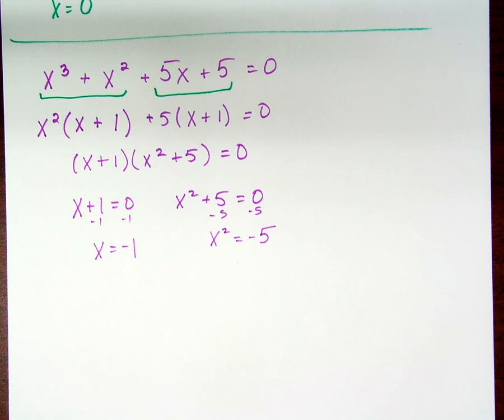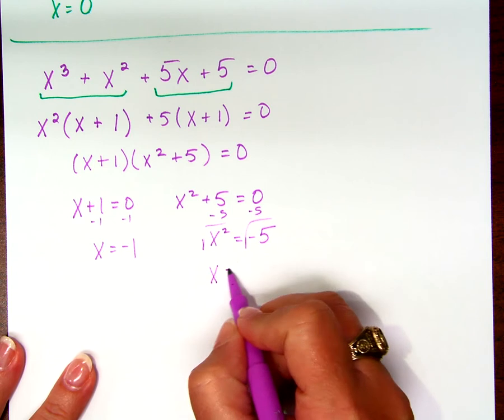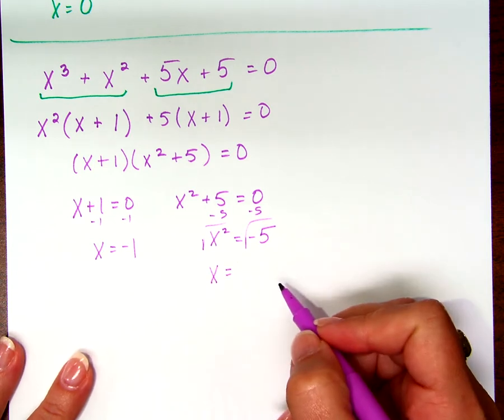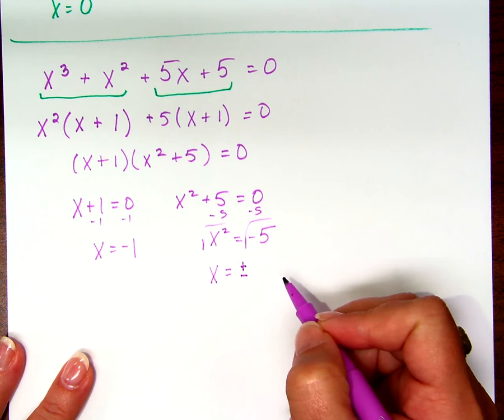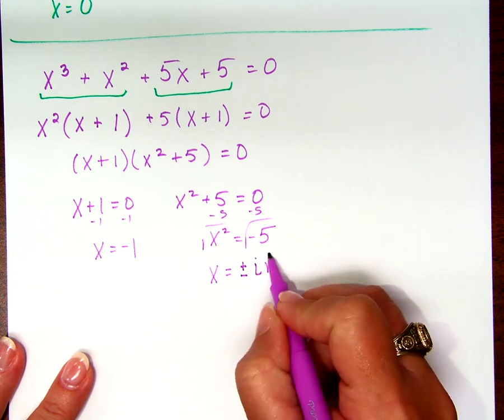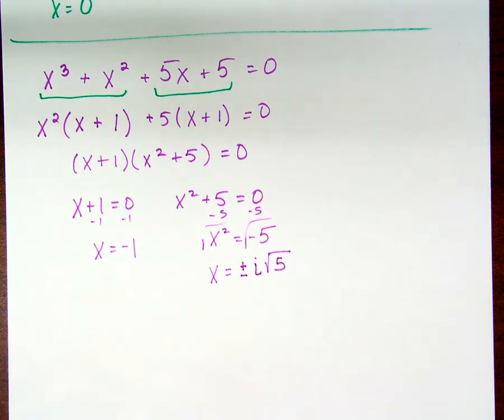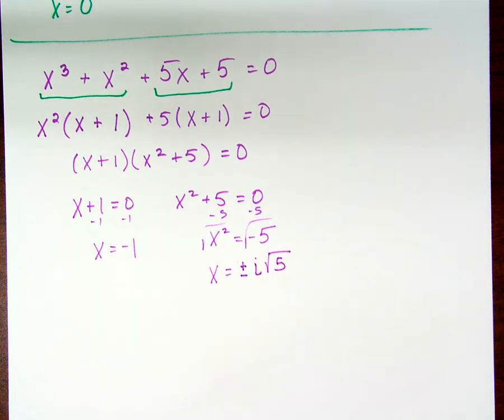What am I trying to solve for? x, okay? So if I take the square root of both sides here, what do I get? Plus or minus i square root of 5. That's right. Okay, i square root of 5 because the square root of negative 1 is i. I bring it out. I don't know the square root of 5, so I leave it.